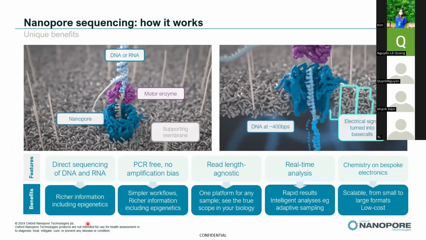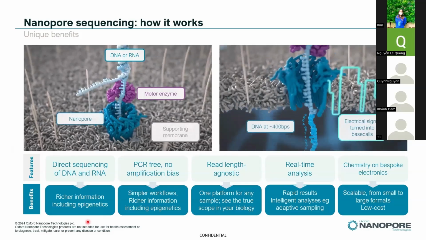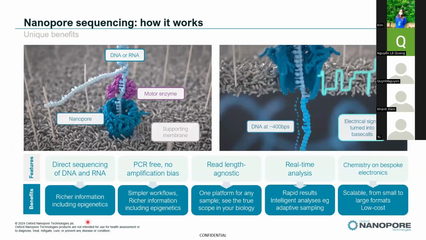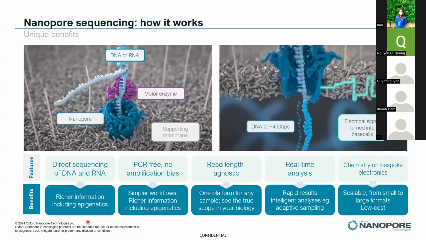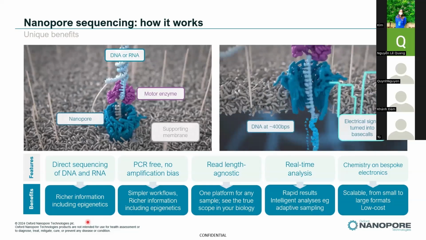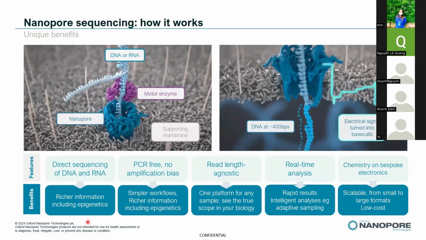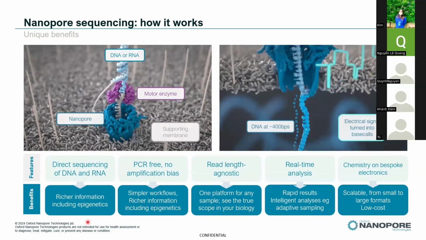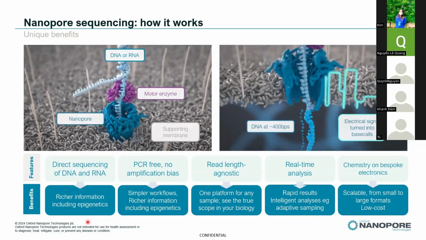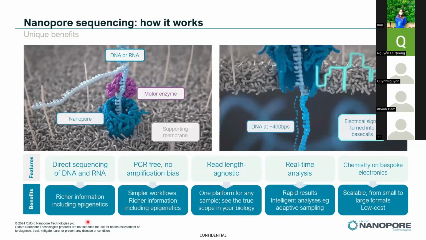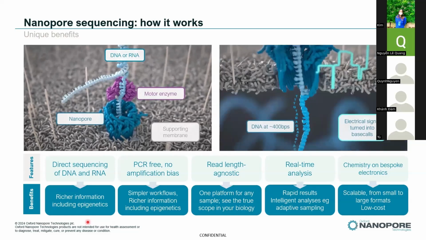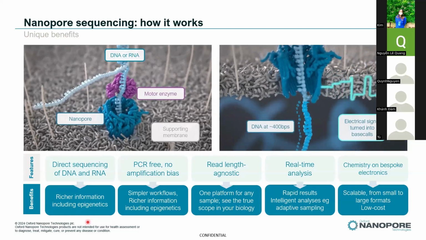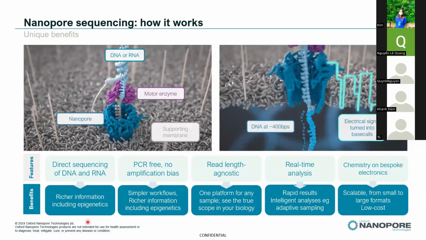So there are a few advantages of doing direct RNA sequencing. First of all, you get to study the epitranscriptome, which is not possible with the cDNA approach. And also with direct RNA, you can avoid the bias and errors introduced during the reverse transcription process, especially for those with complex secondary structures which may not be efficiently reverse transcribed.